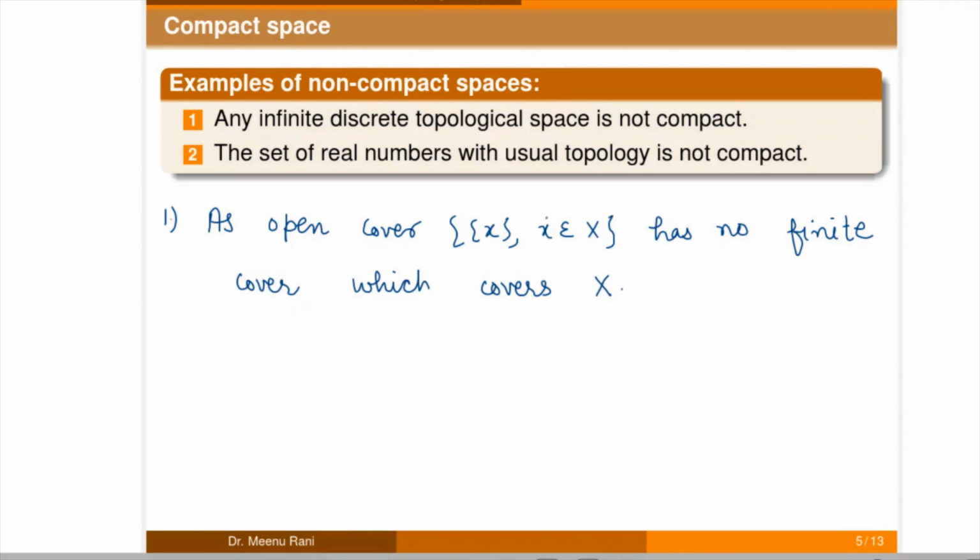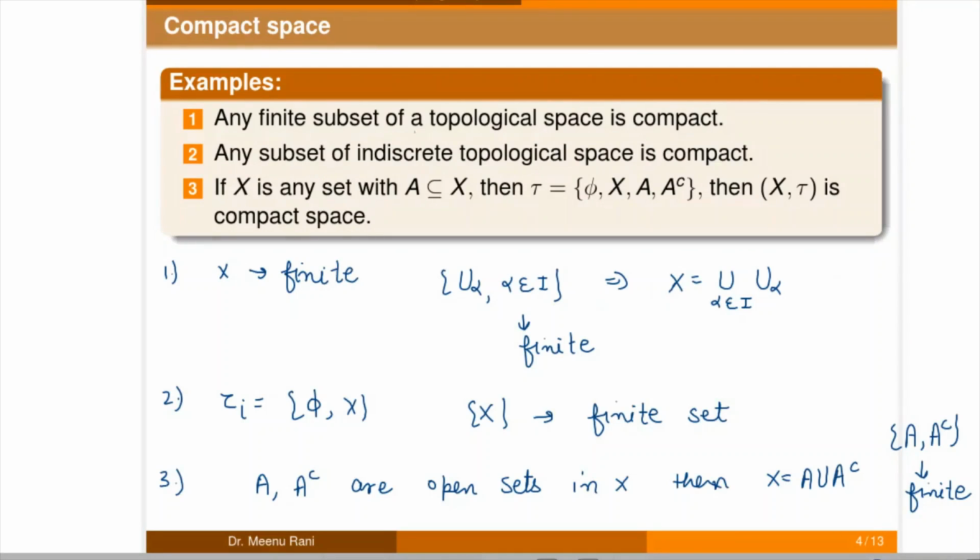That we have discussed earlier, that any finite subset of any topological space is compact.